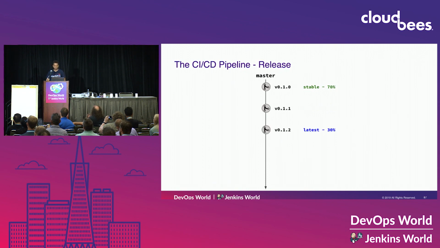So we repeat this again. Every time we make a release, latest goes to 30%, and then everyone else gets stable. Stable is a tag that we've created. So we built some functionality around that in our Gradle script to create this tag and promote it every time there is a release.